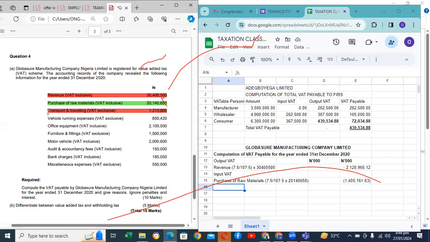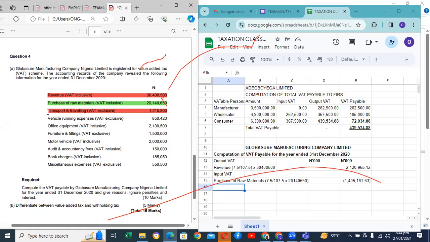Then the next one, vehicle running expenses, does it form part of sales? No. Office equipment? No, capital expenditure. Furniture and fitting? No, capital expenditure. Motor vehicle? No. Audit and accountancy fee?